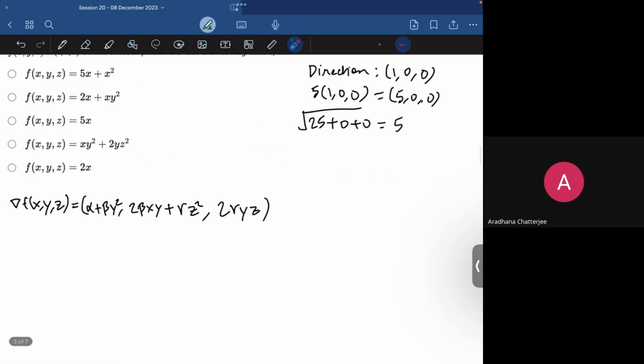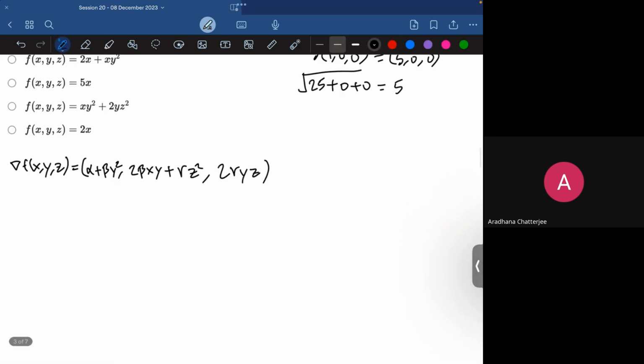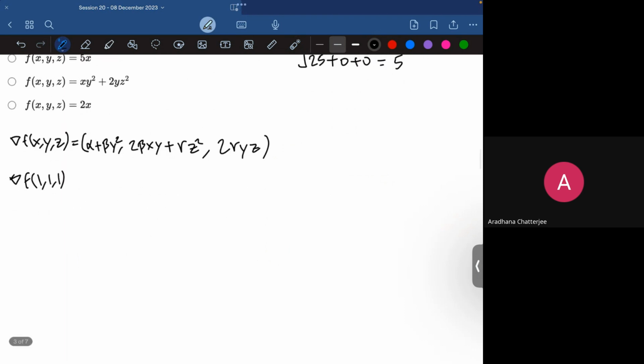So gradient f of (1,1,1) is equal to, we don't know alpha, beta, gamma, so we just keep them as they are. We're putting these values in for x, y, z. What is the first element then? This is y square, so we have alpha plus beta, because y is equal to 1.